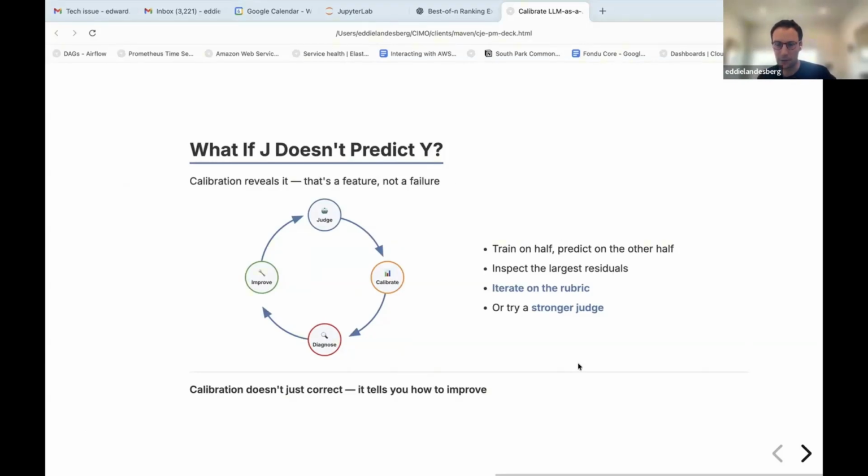So for the other half that you're holding out, you have the oracle labels, the human labels, and so you're making predictions about them. And then basically you look at where the biggest differences are between the predicted human label and the actual human label. And you look at examples on the basis of where those residuals, where those differences are the biggest. So basically you look at where the judge is missing the human to the greatest degree.